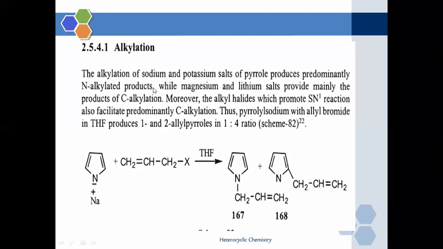So, if the pyrrole molecule undergoes alkylation reaction in the presence of sodium and potassium salts, then at that time the N-alkylated product is formed. While the magnesium and lithium salts provide mainly the product of C-alkylation. If we require the N-alkylation, then we take the presence of sodium and potassium salts. And if we require preferably C-alkylation, then this particular alkylation reaction will happen in the presence of magnesium and lithium salts.